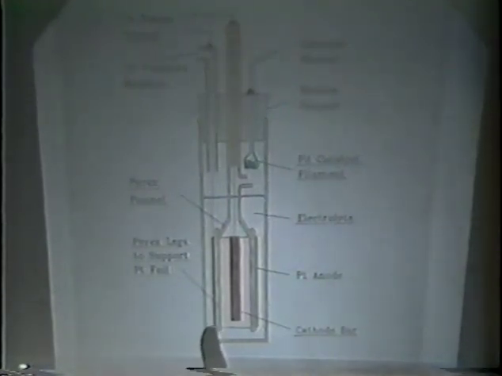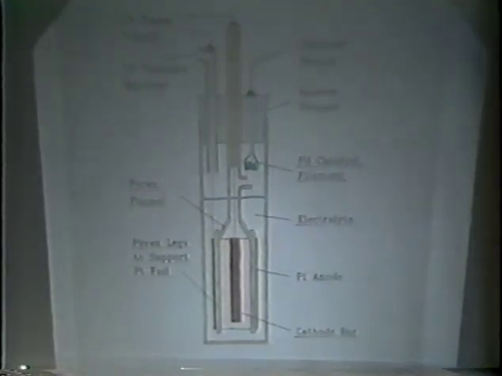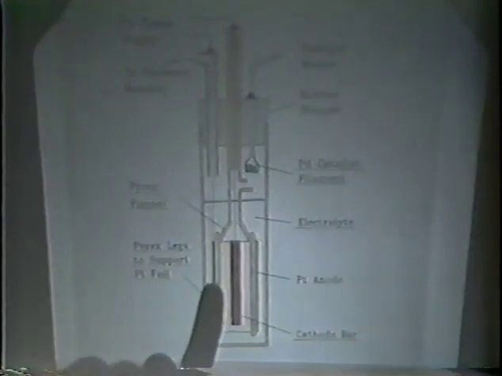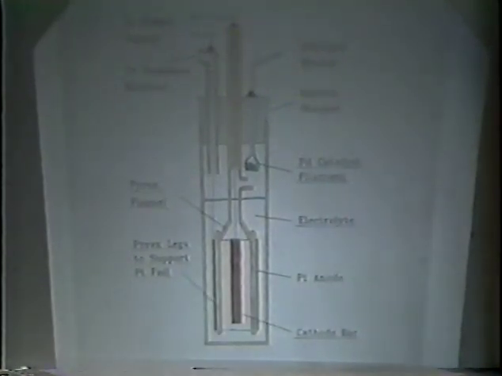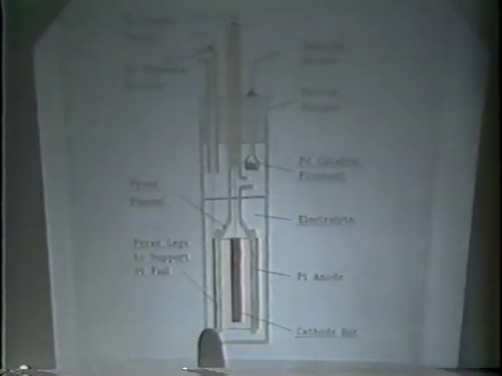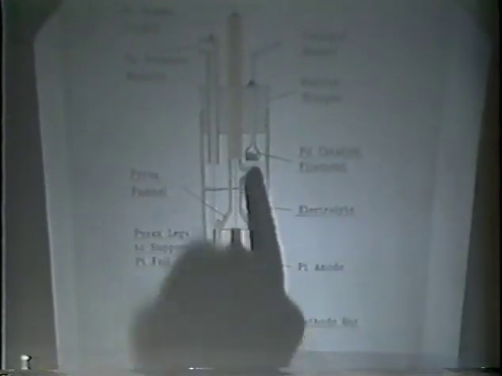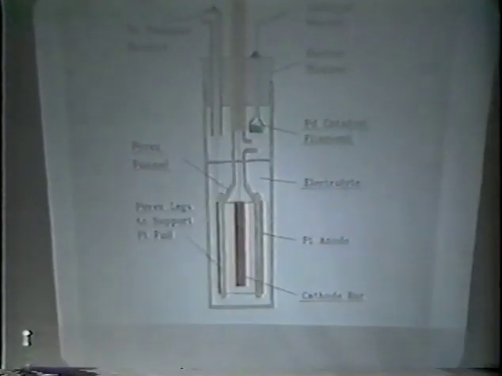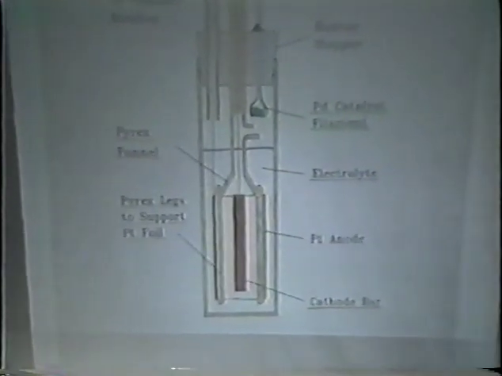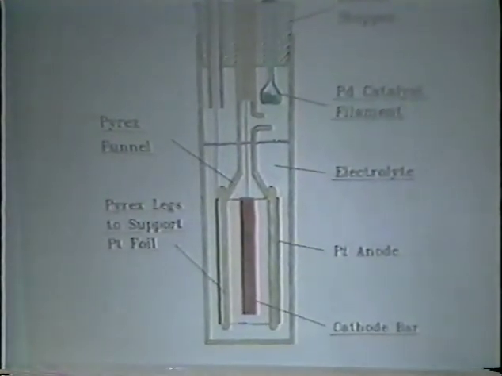These are just glass supports for the anode. The cathode sits underneath a funnel designed to collect the gas which comes off the cathode, and the gases from the anode pass up into the space above the water level. At all times we monitor this pressure, but this is a sealed port.